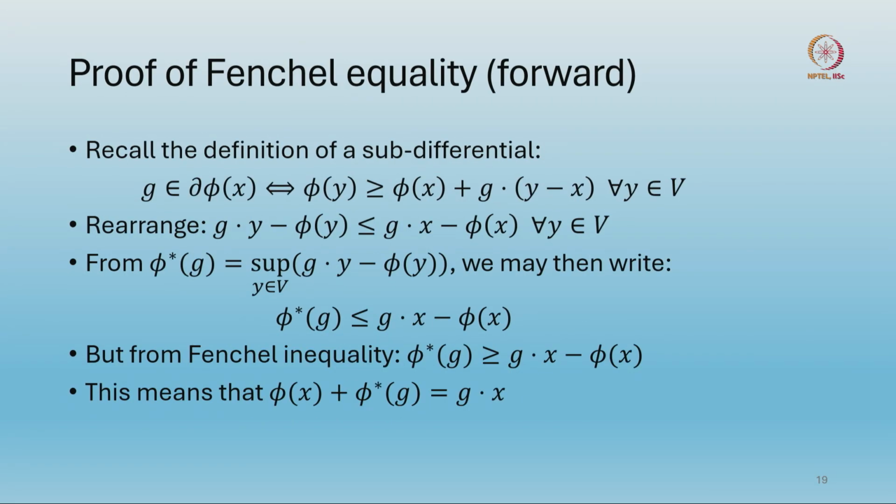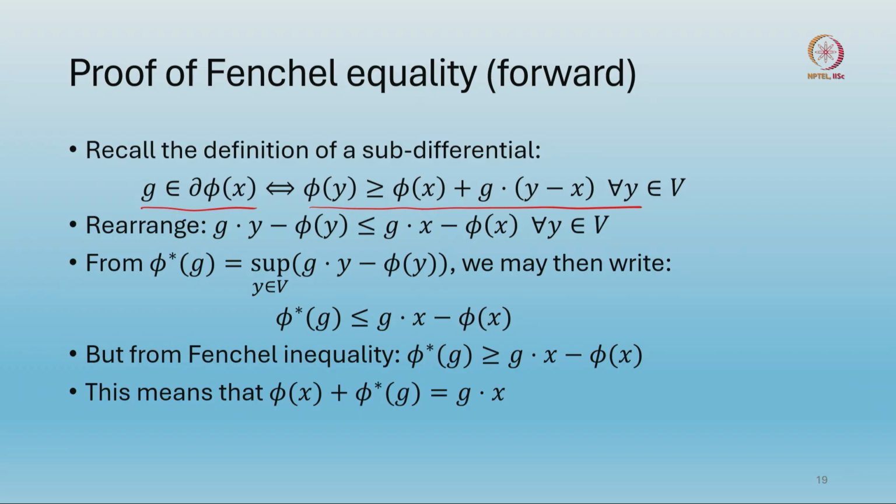First, assume the forward logic, that means assume that G belongs to del phi x. By definition of the subdifferential, remember this definition, this means that phi y must be greater than or equal to phi x plus G y minus x for all y in V, correct. Now you rearrange this, okay.